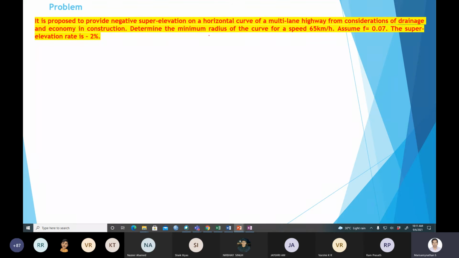They are asking to determine the minimum radius of the curve for the design speed of 65 km per hour, assuming the F value as 0.07 and the E value as -2 percent, but for the calculation we take 0.02.